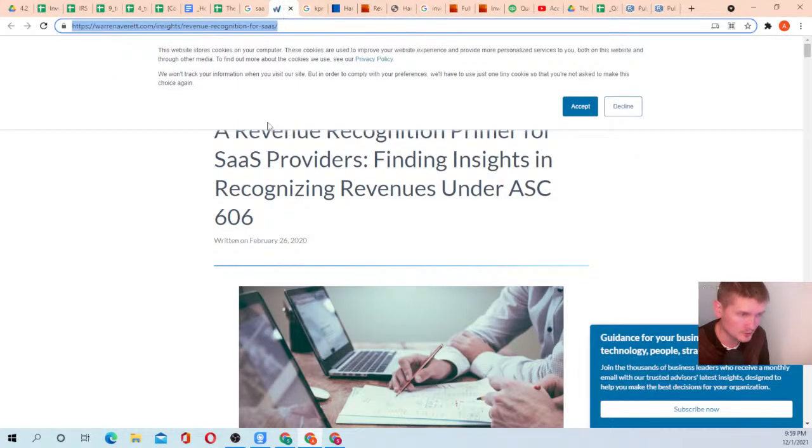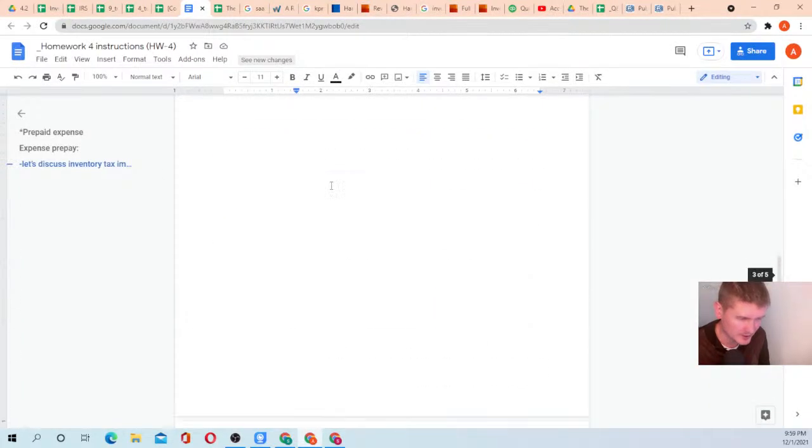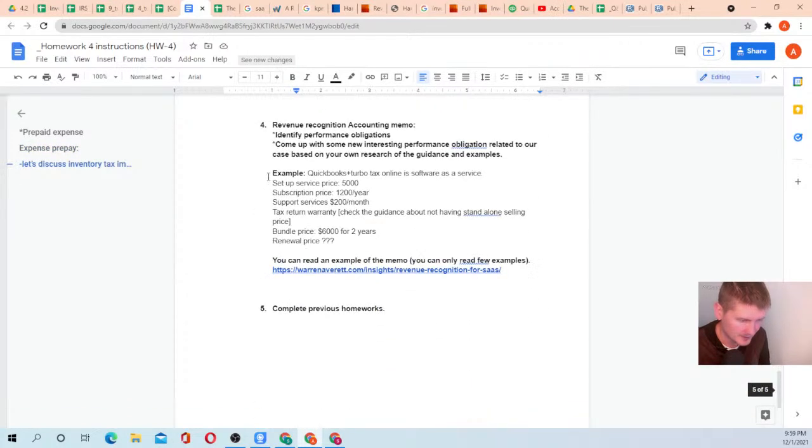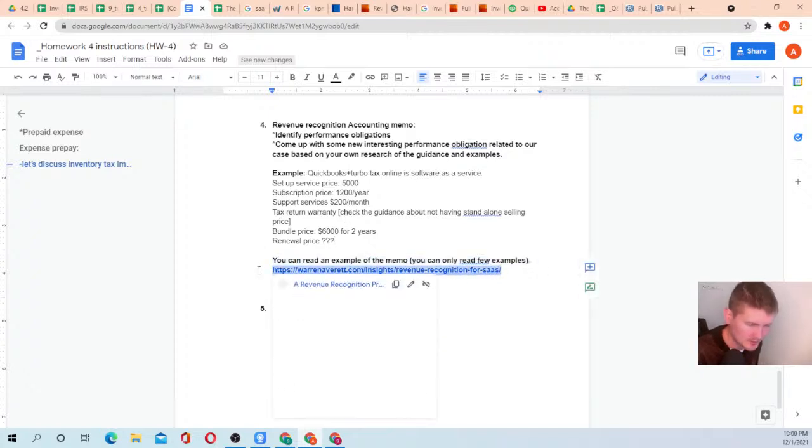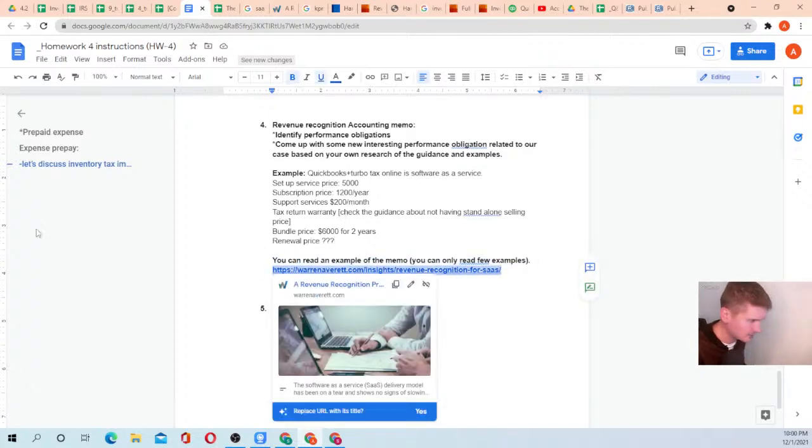Okay, let's move on to our revenue exercises. For the revenue, we wanted to identify performance obligations in our contract. We will not identify all of the obligations right now, and we will use the information from our example.